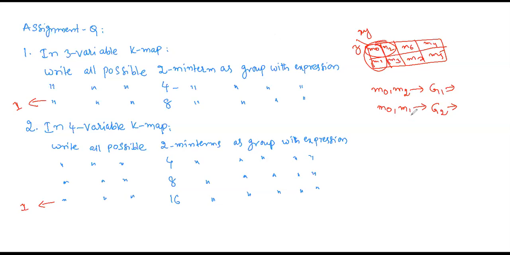No. M0, M4, we can form one group, G3. Like this. Then look for the 4 minterms as a group, then the 8 minterms as a group, and write down the expression. This is the assignment from unit 3.